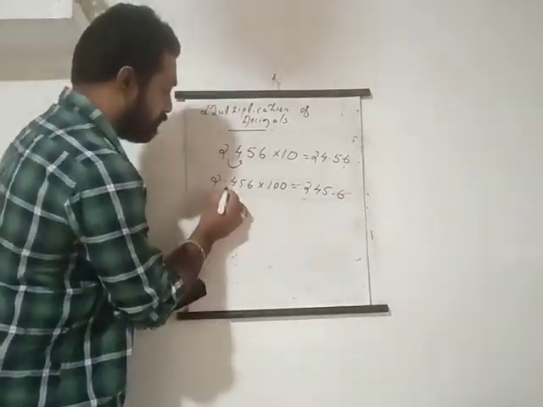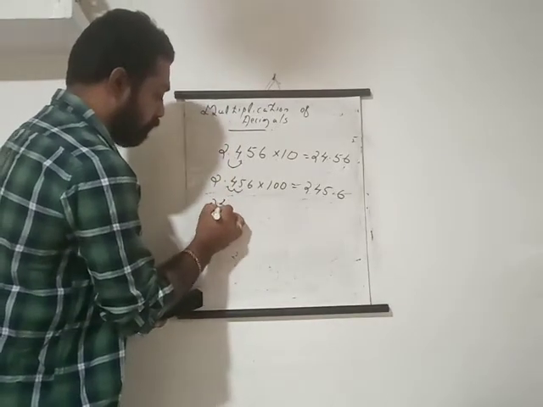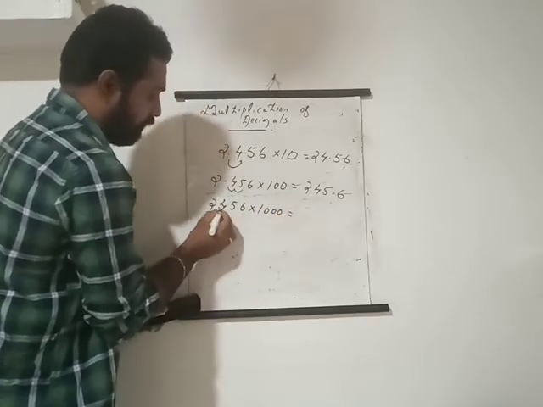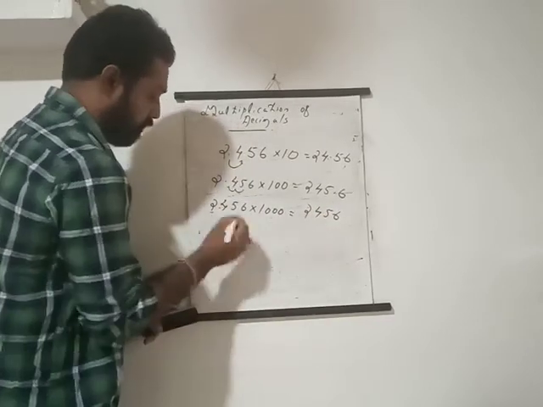First it goes to here, then it's here. Then 2.456 into 1000, 1, 2, 3, it becomes 2456.